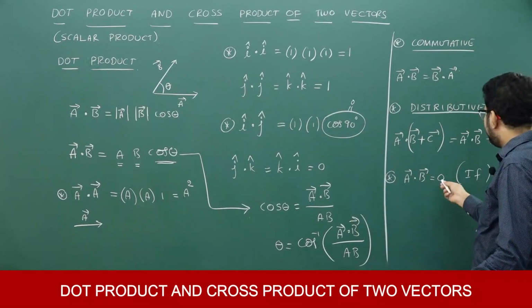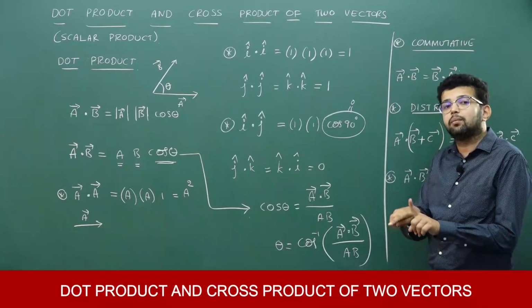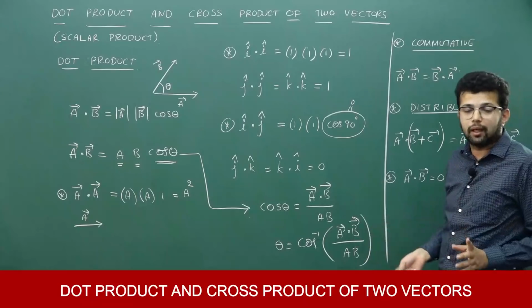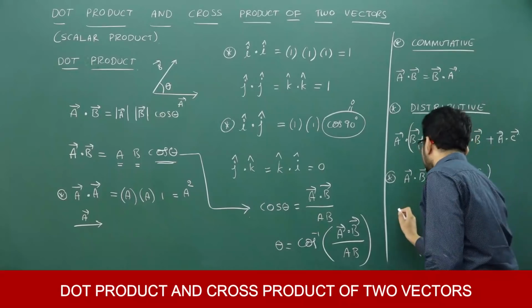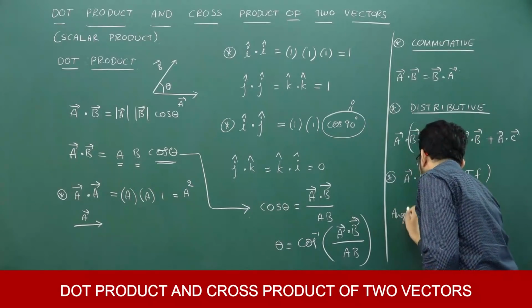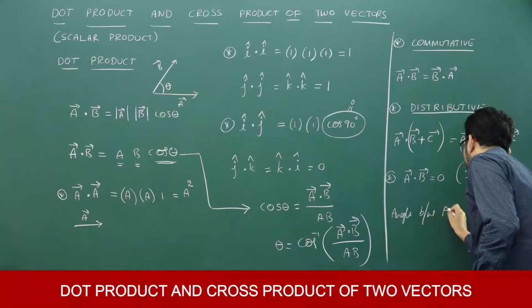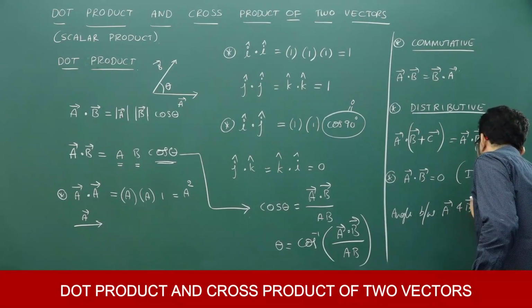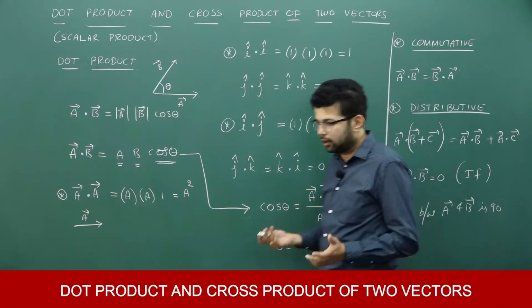So, if A dot B is 0, the angle between A and B is 90 degree, or they are mutually perpendicular, orthogonal.